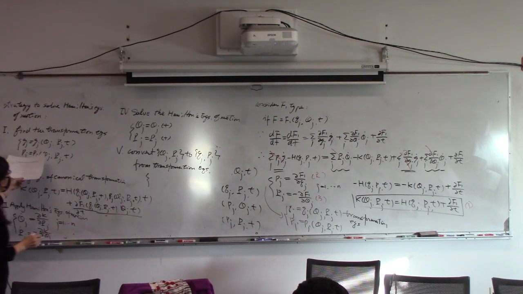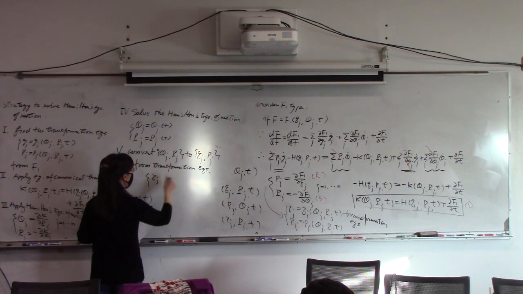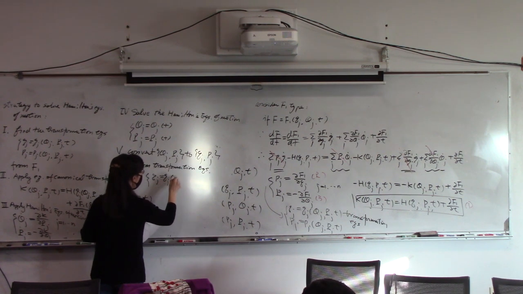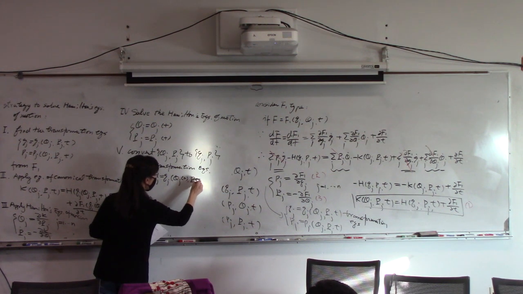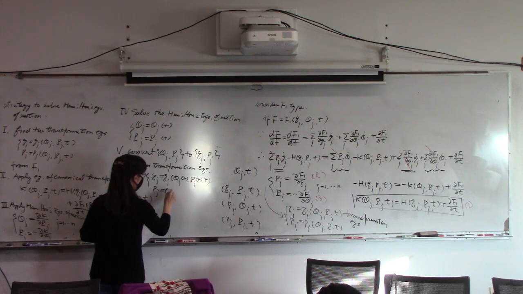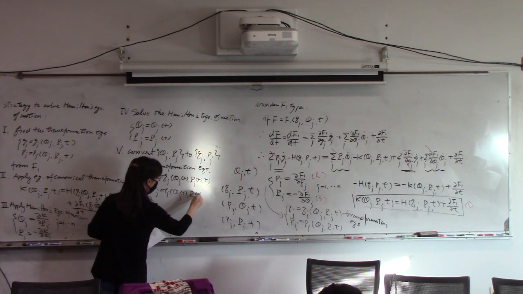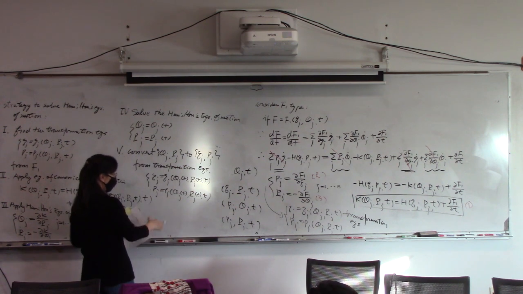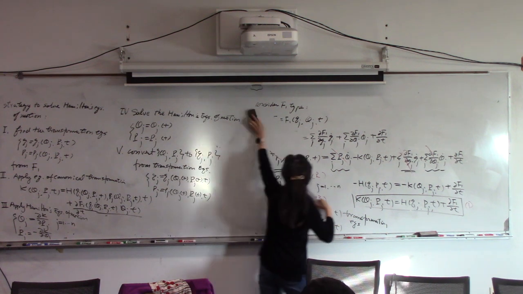That is why we first found it. Once we have this, we just substitute capital Q_J, capital P_J into this formula, with time, so that's all. Then we get the final solution.